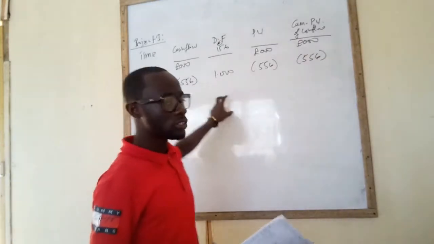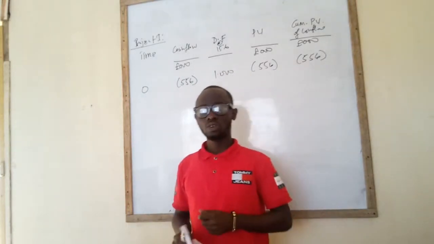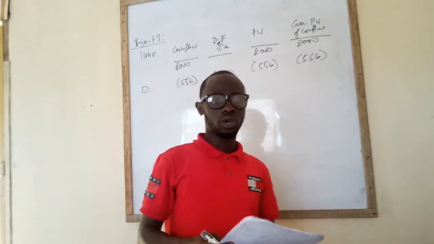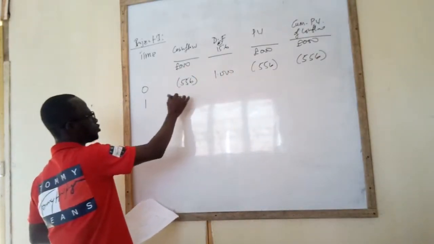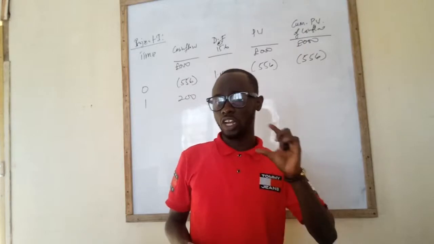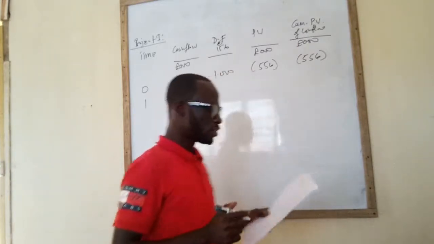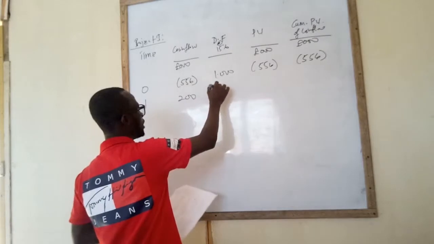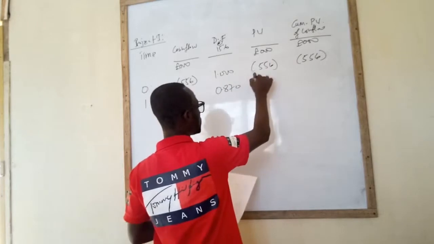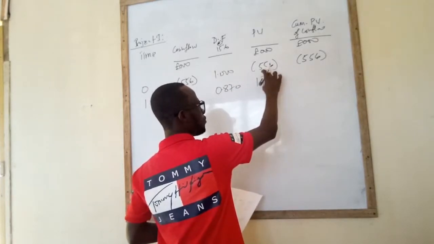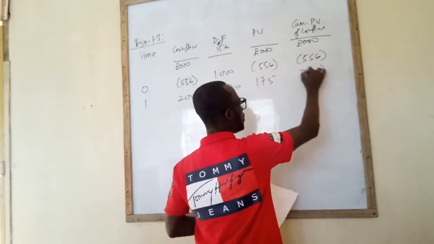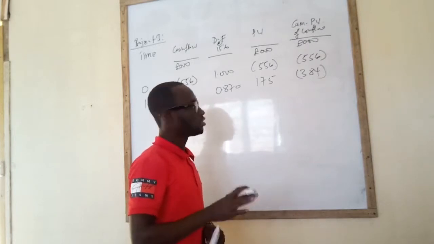Then we are told that on project 1, every year the company is going to be receiving net returns of $200,000. So year 1, $200,000. Then we bring the discount factor of 15%, and we are going to read that on the present value table. Now when we read that on the present value table, year 1, 15%, that is 0.870. So we multiply it, and that gives us 174. Now that 174 is a positive, so it's going to reduce this to 384, still negative.